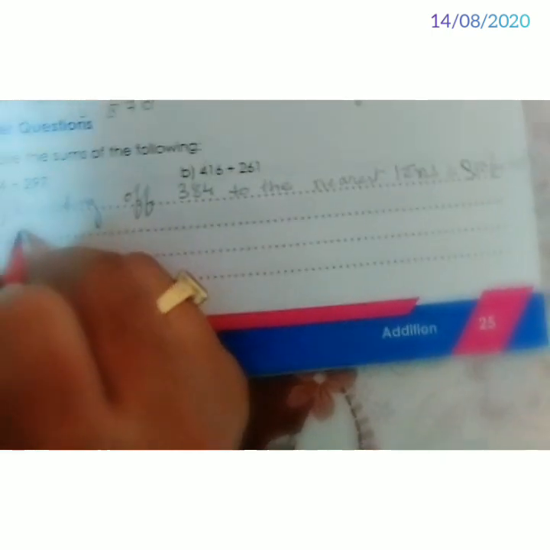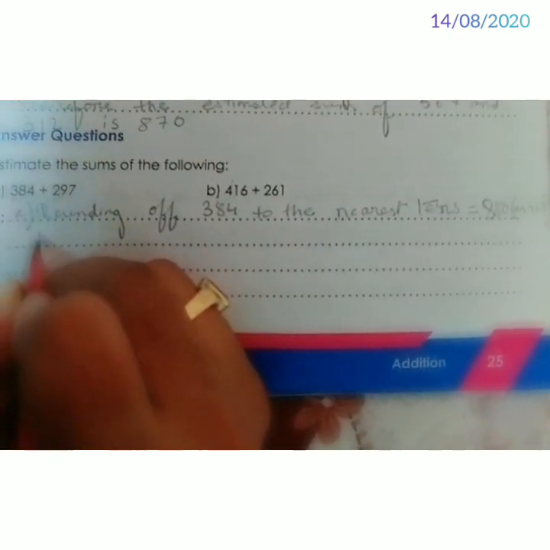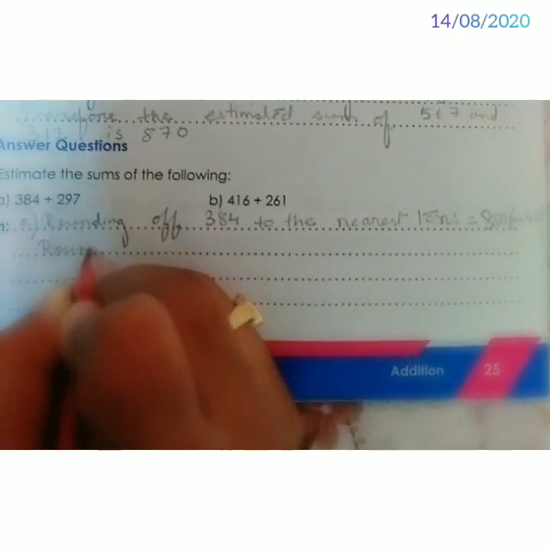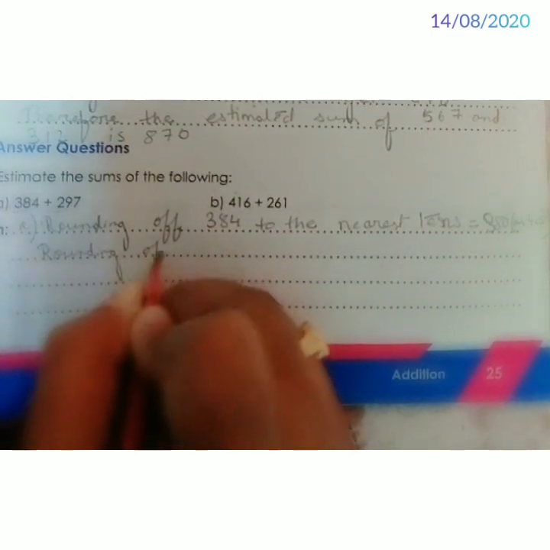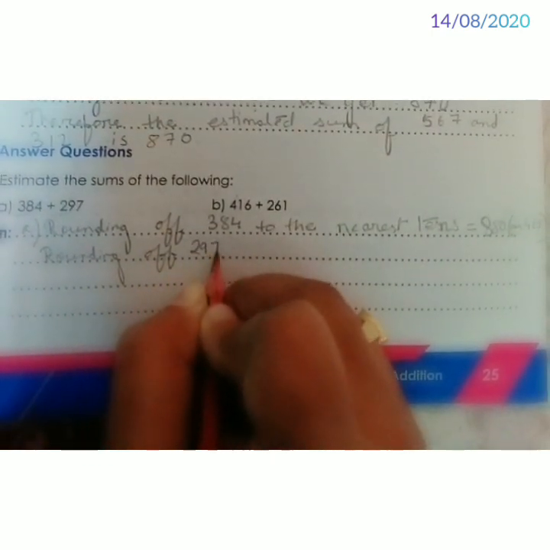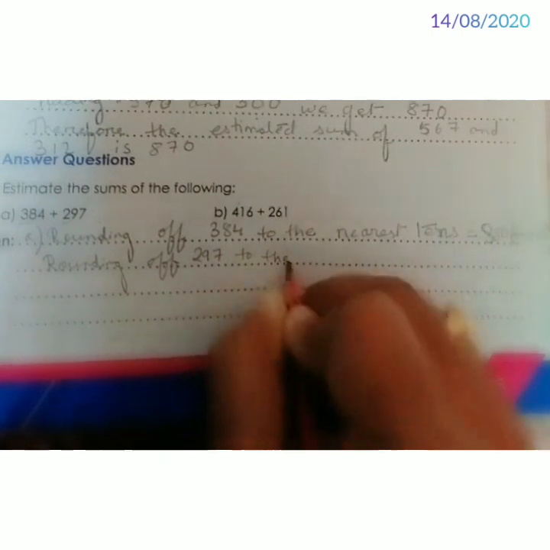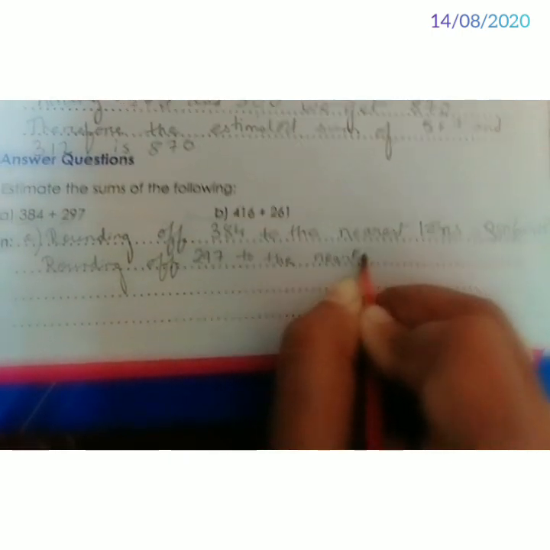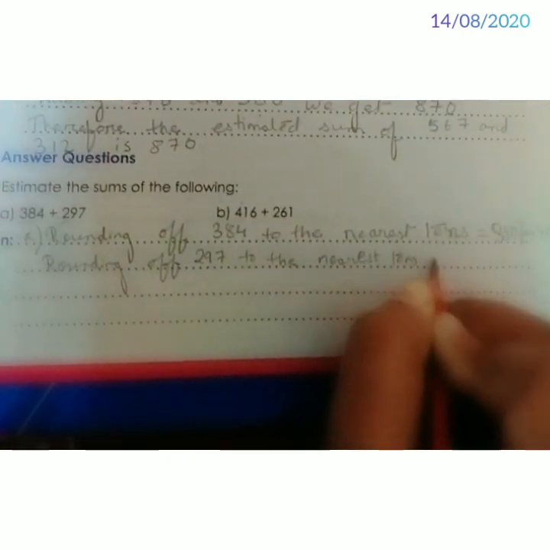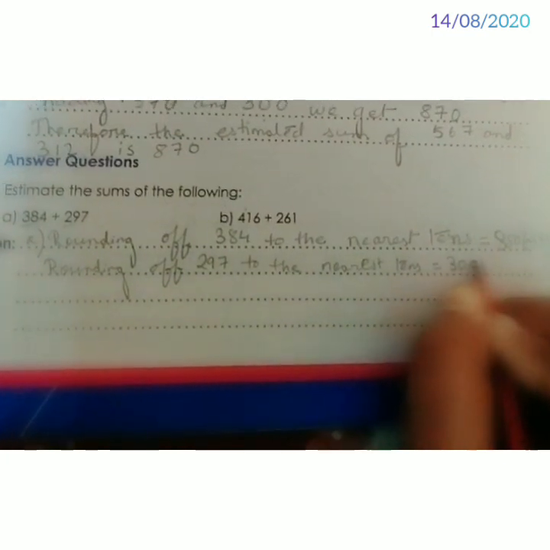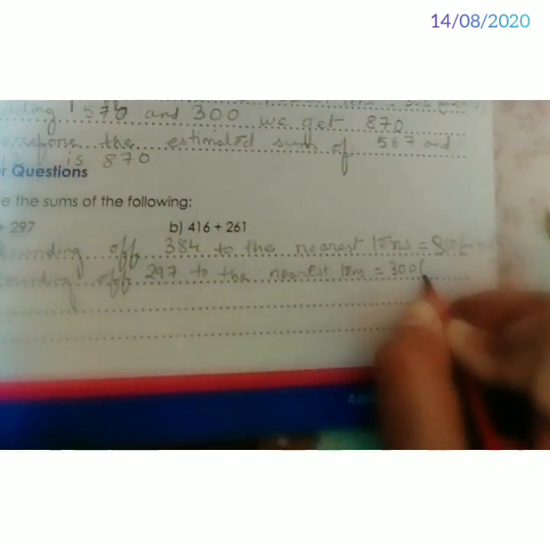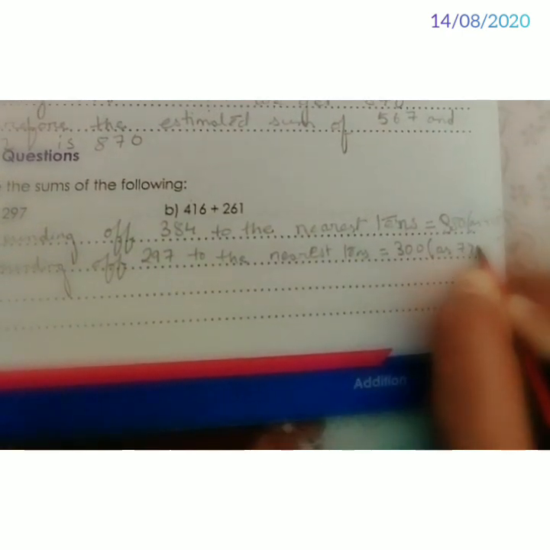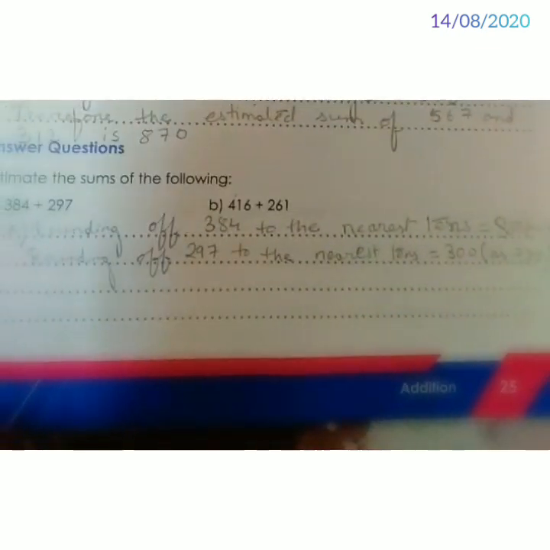Okay, next we will round off 297. Rounding of 297 to the nearest tens, we get 300. Why 300? Because 7 is greater than 5.